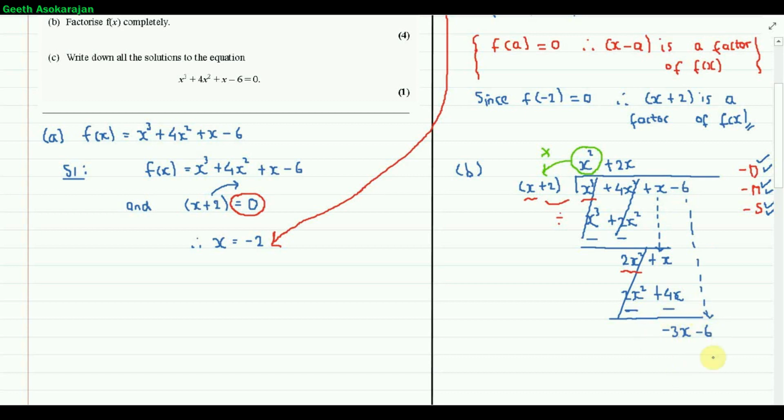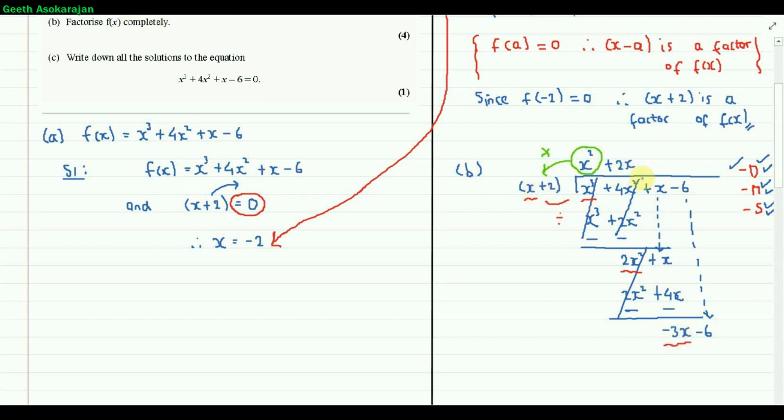Once we reach this stage where we have two terms here, we'll go back to D. D is division. So let me be consistent with the colours. Division means we divide the first term, which is minus 3x, by the first term here, which is x. Let's have a go.